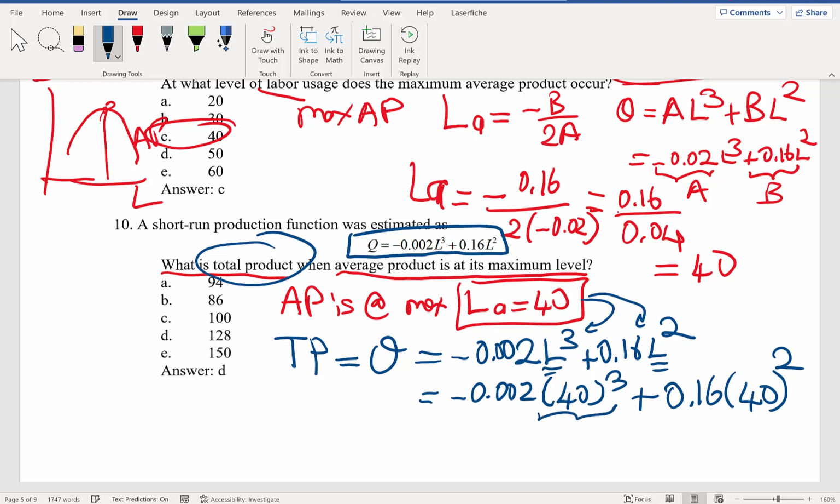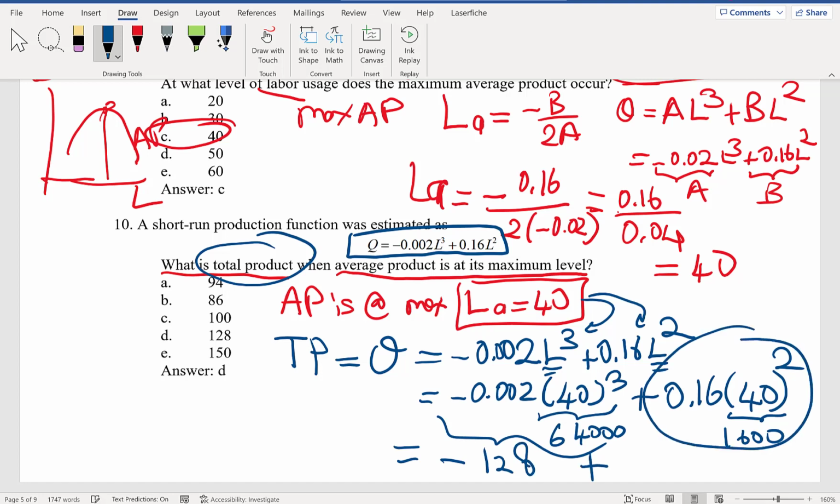So this is 64,000 and this is 1600. If you do this multiplication, it's negative 128 plus 256. So the result, total product or Q, is going to be 128.